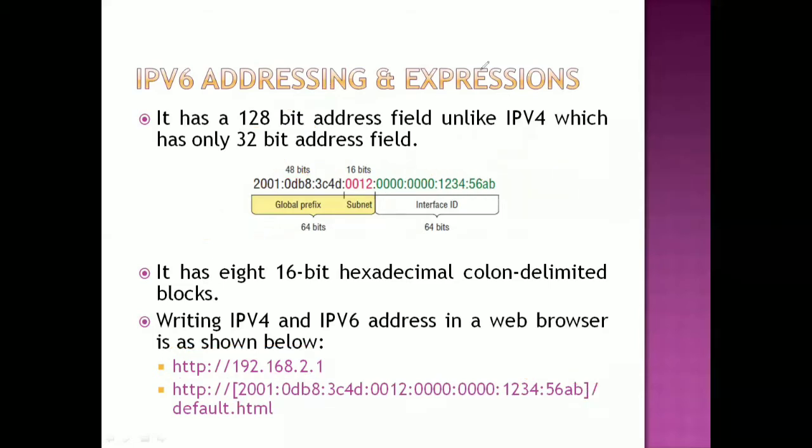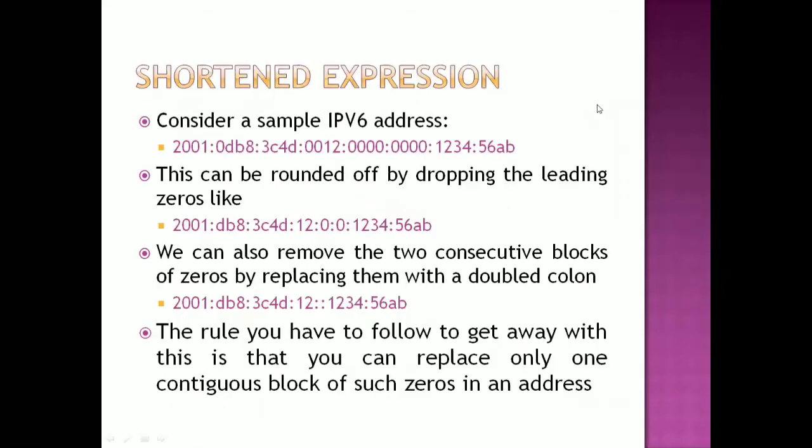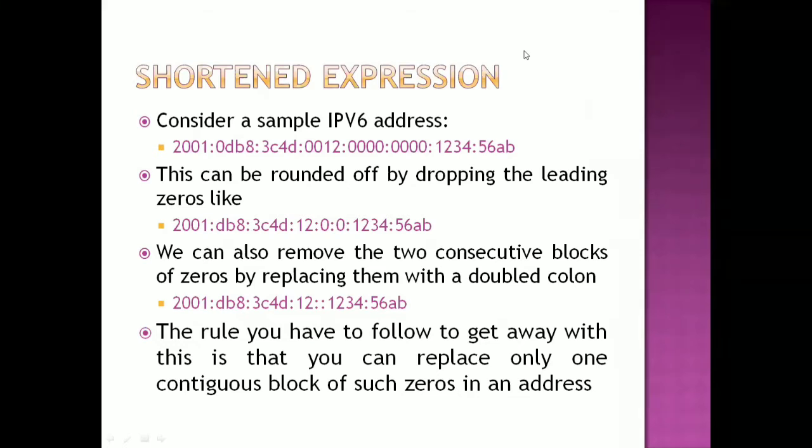So now moving to the shorthand expression. This shortened expression is only helpful if you have consecutive zeros in your IPv6 address. Here you can see an IPv6 address with 4 consecutive zeros in this block and 4 consecutive zeros in this block also.